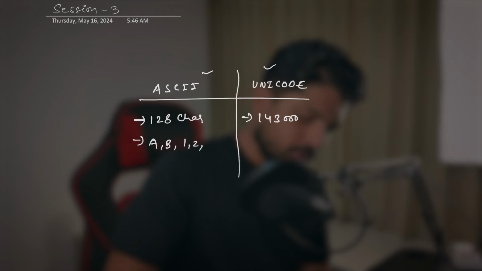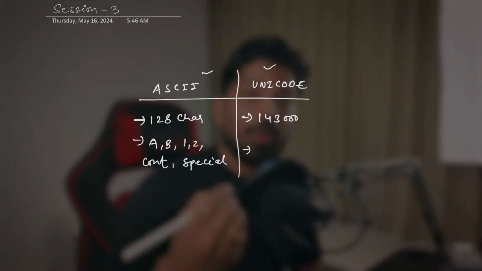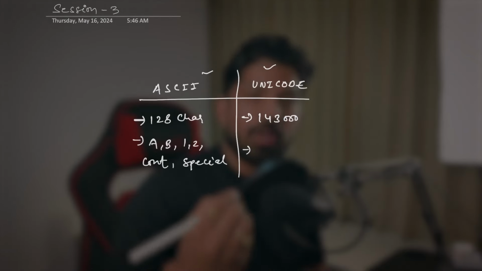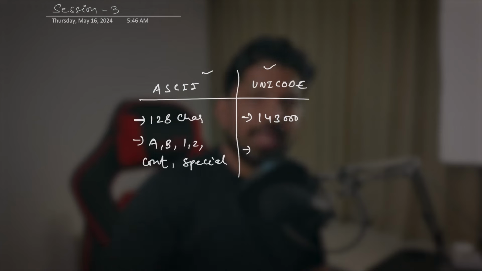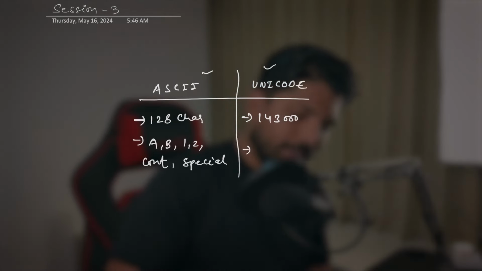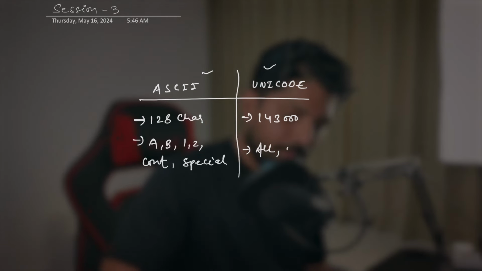Whereas Unicode is a comprehensive encoding standard designed to support the characters from all the writing systems in the world, as well as symbols, emojis, and various control characters. So we can say all writing systems, emojis, and so many special characters.